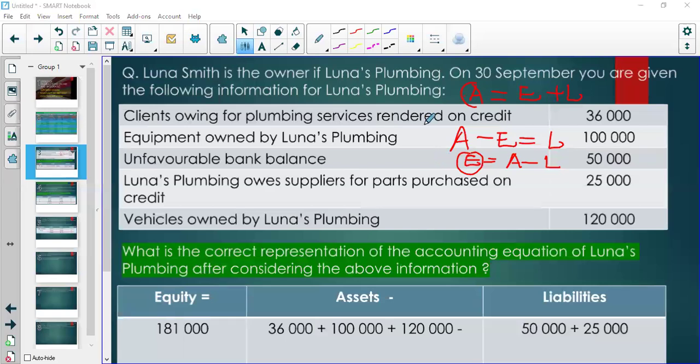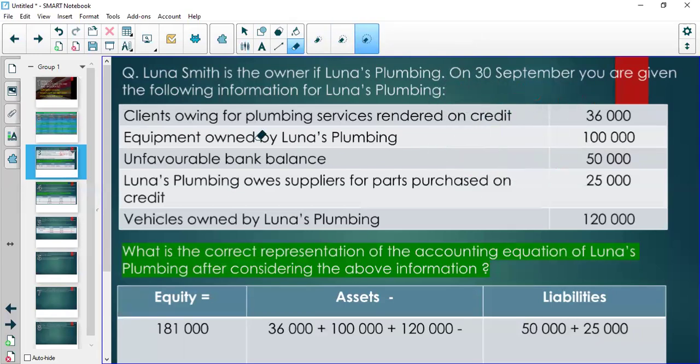Right, now let's have a look at this particular question. So this particular question says, we have Luna Smith, the owner of this plumbing business. Then on 30 September, they provide you some information for the business.